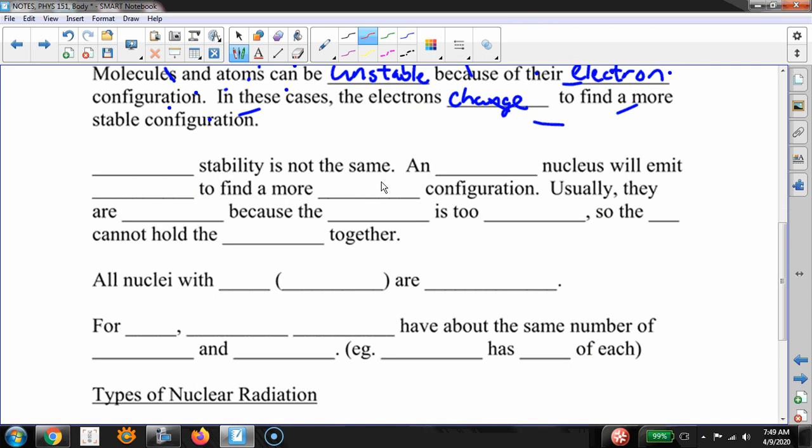However, nuclear stability is not the same. An unstable nucleus will emit radiation to find a more stable configuration.